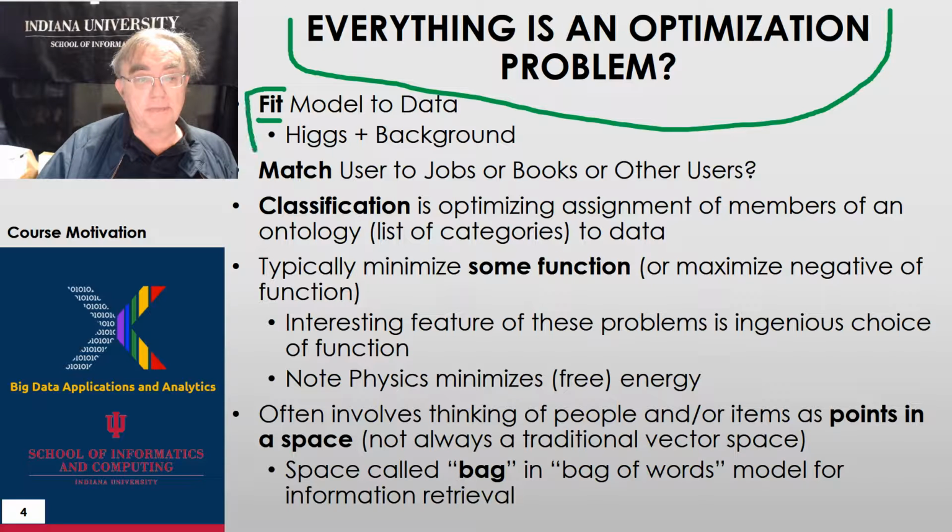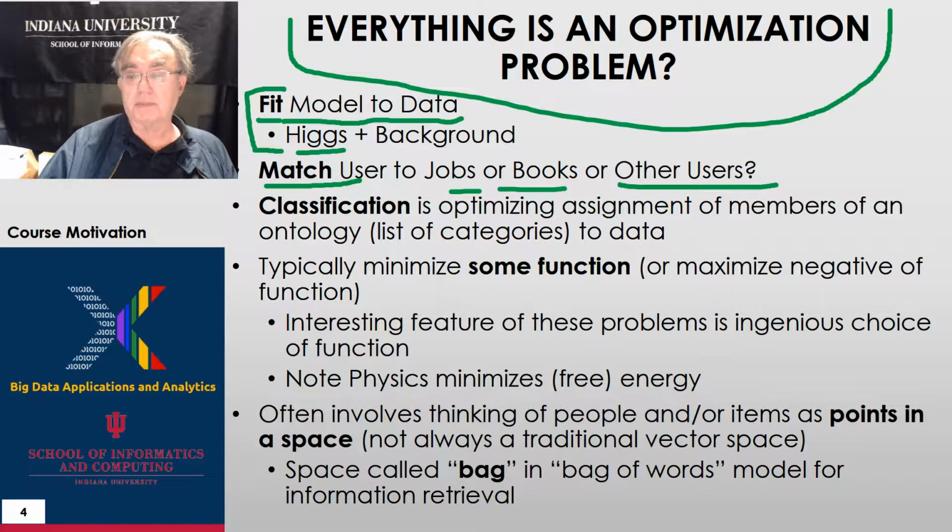When we looked at the physics analysis, the earlier example, I showed a model fitted to the data. That's an optimization problem, finding the parameters of the model. And that gave us the mass of the Higgs. And the result of the optimization problem was some measure of the test of the hypothesis that the Higgs existed and the mass of the Higgs. When I'm matching a user to jobs or books or to other users, that's an optimization problem. I'm finding the best users to match to a given user.